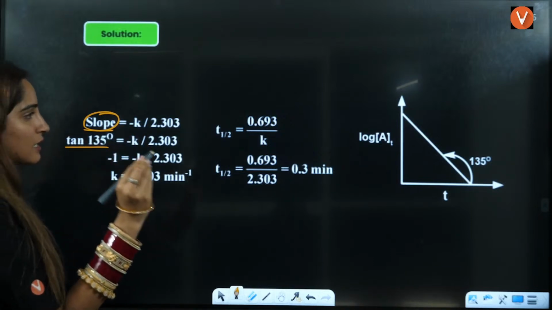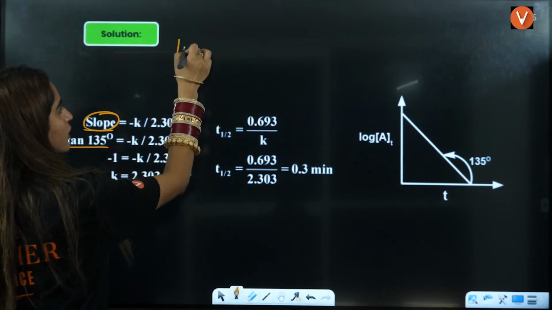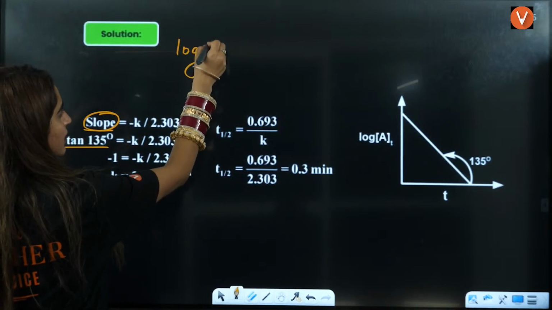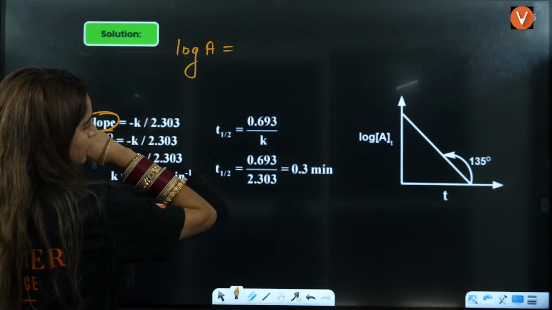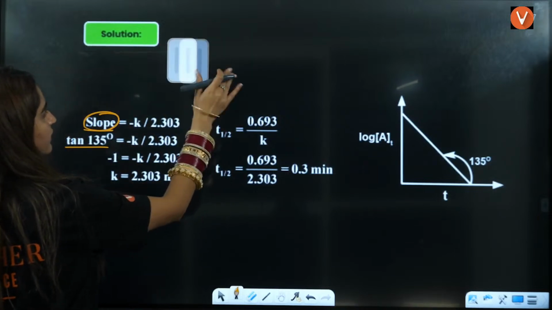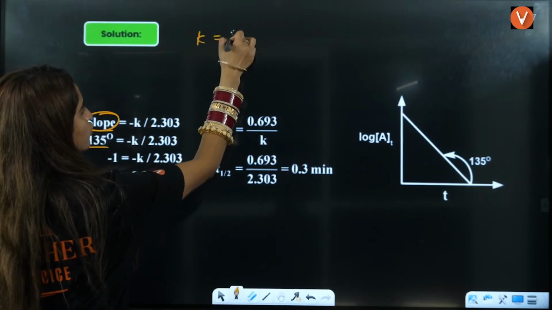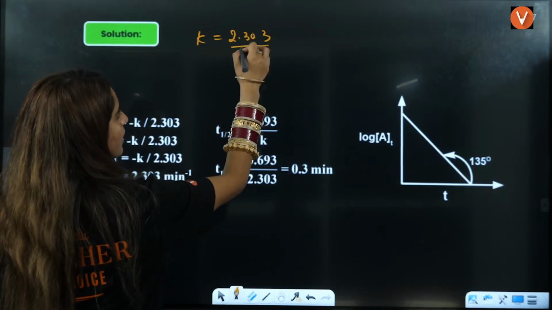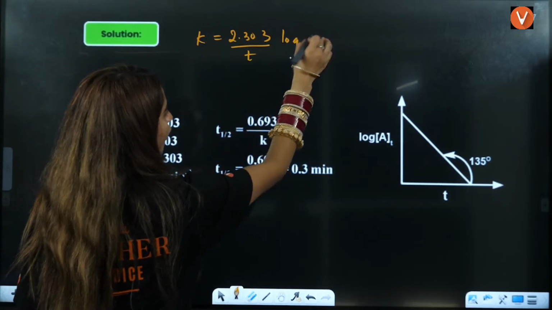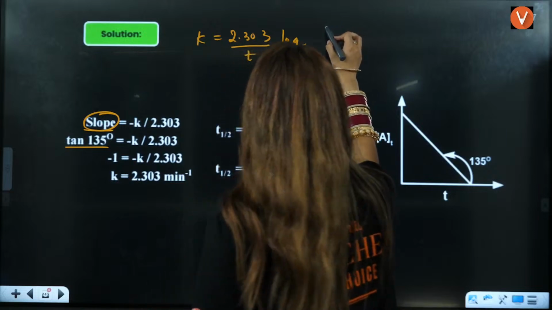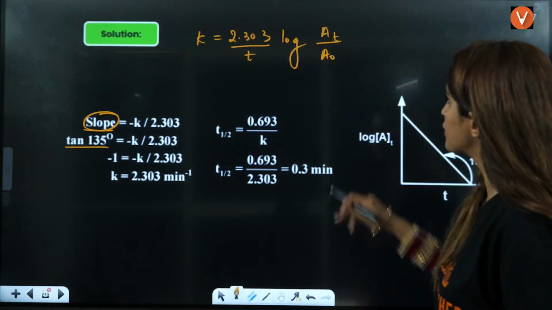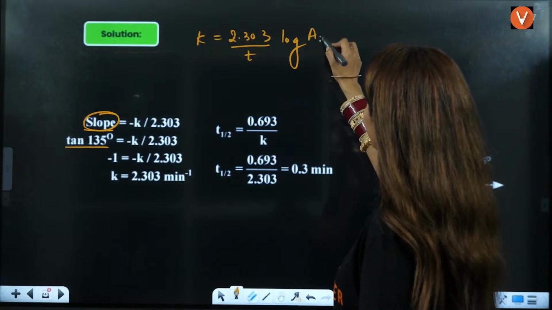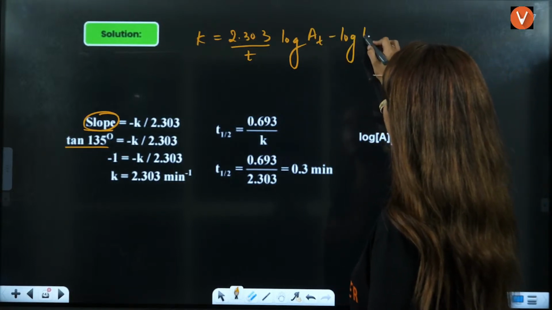If you see this here, for a first order reaction, K is equal to 2.303 by T log of A0 by A. So this you can write as log of A0 minus log of A.